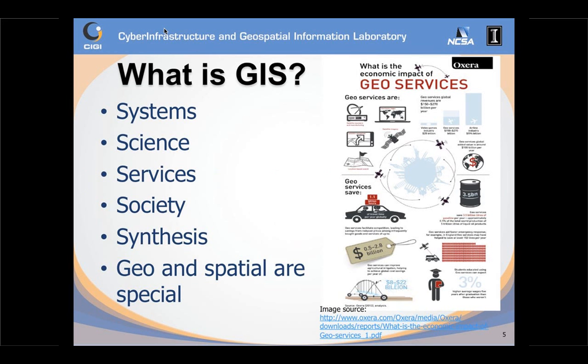For those of you who are not familiar with GIS or CyberGIS, a very concise definition: it's GIS based on advanced cyberinfrastructure. But GIS is now a very broad domain, and this acronym stands for a lot of things, from systems to science and services.